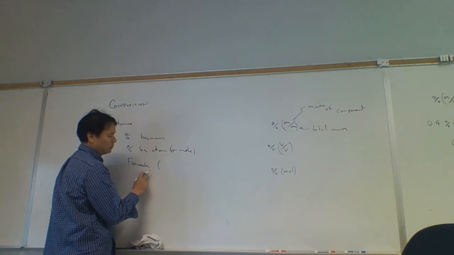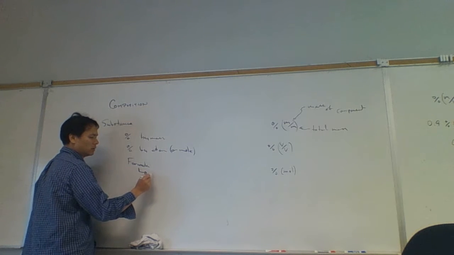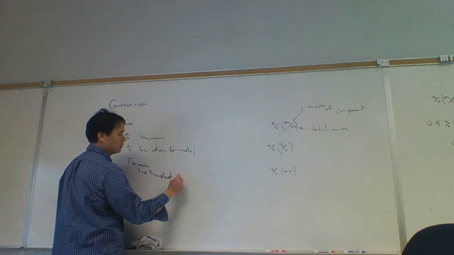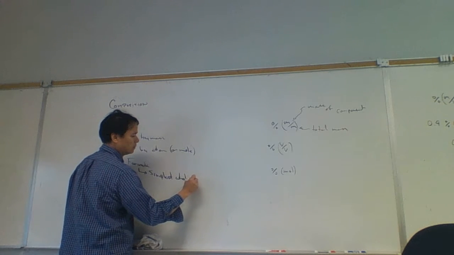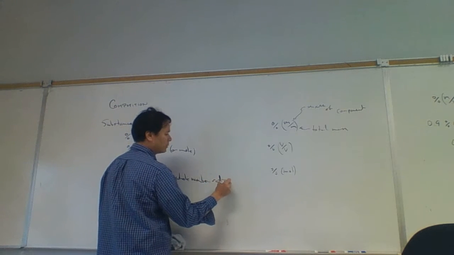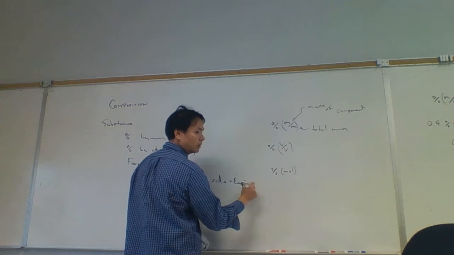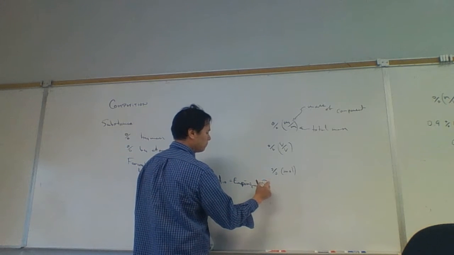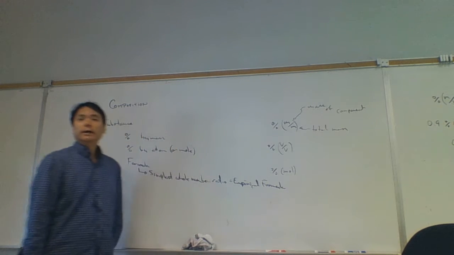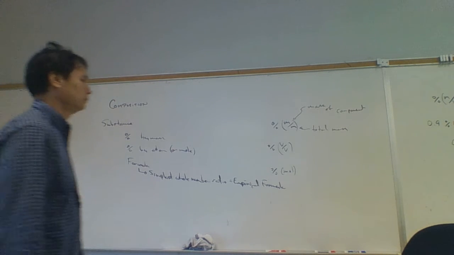Or we have actually two formulas. Actually, maybe I gotta write them here. The two formulas are this: the simplest whole number ratio. The simplest whole number ratio is called the empirical formula. Empirical formula. And so for water, what is the simplest whole number ratio for water?